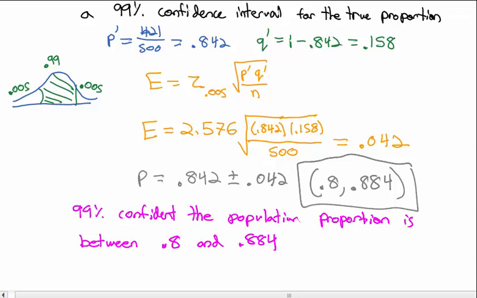The true proportion of adults with cell phones is between 80% and 88%. We're 99% confident of that based on our sample.